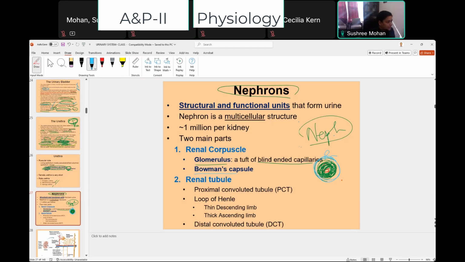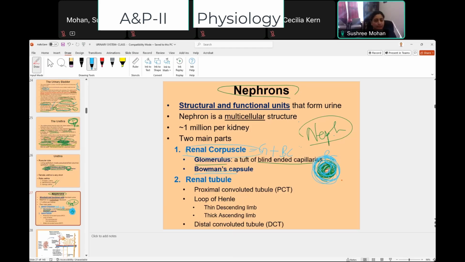Together that is the renal corpuscle. So renal corpuscle equals glomerulus plus Bowman's capsule. This inside tuft of capillaries is the glomerulus. The outside cup-like structure is the Bowman's capsule. Together we are going to call it the renal corpuscle.